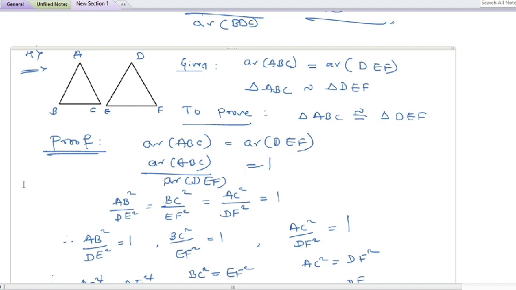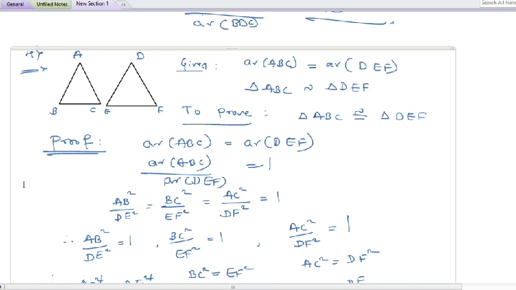We have to prove they are congruent. So, let us see triangles ABC and DEF. Given: area of ABC is equal to area of DEF. If the areas are equal, then they are similar triangles. Triangle ABC is similar to triangle DEF. To prove: triangle ABC is congruent to triangle DEF.